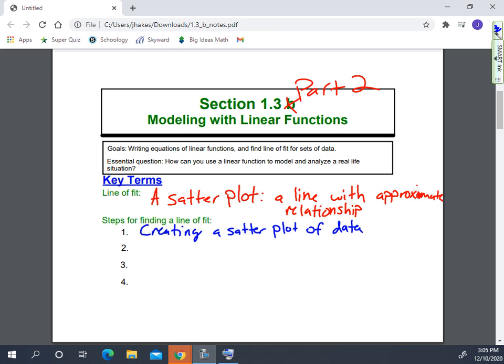Okay. So first step is creating a scatter plot with the data. The second step is to sketch a line of fit through those points.